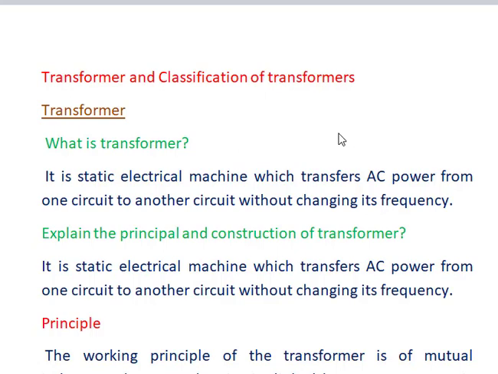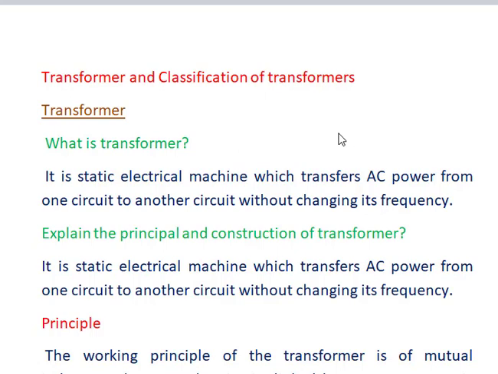The AC input power has amplitude, frequency and phase. The amplitude of the AC power varies. So depending upon the number of turns of primary and secondary coil, the amplitude may increase or decrease. But the frequency of the AC power is kept constant in both the input and output.